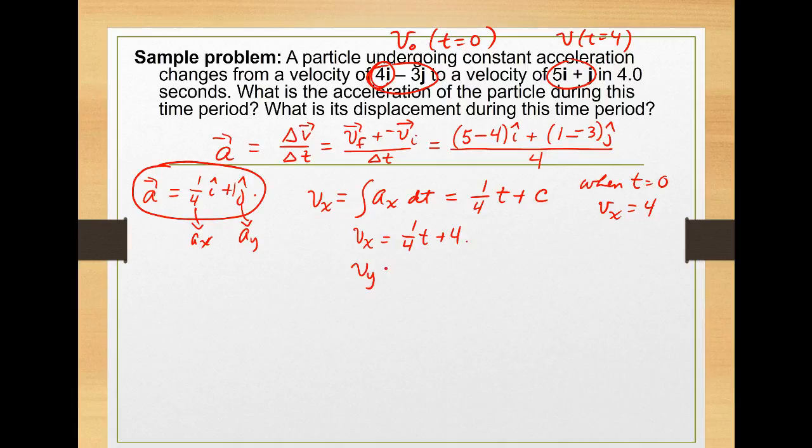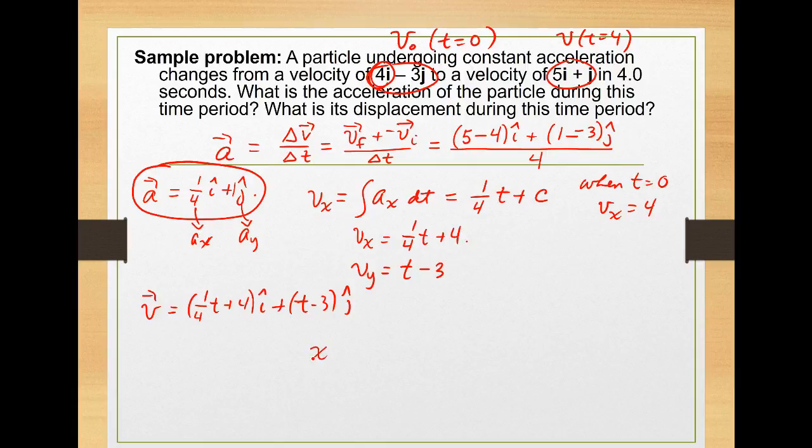Using a similar line of reasoning, we can get that vy is actually t minus 3. So that means that our velocity as a vector quantity is 1/4 t plus 4 i hat plus t minus 3 j hat. Okay?